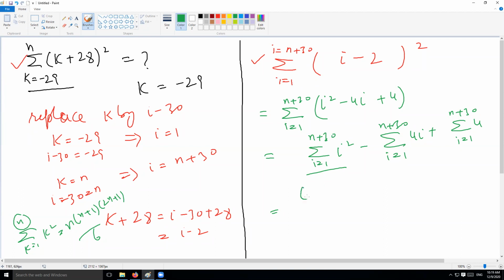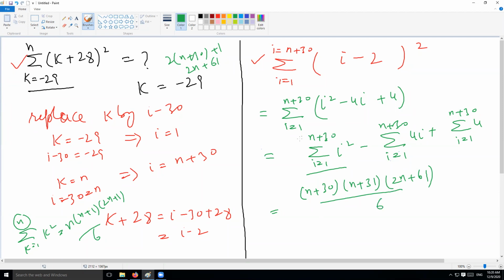So this is going to be n plus 30 times n plus 31, that is 30 plus 1. And then you have 2n plus 30 plus 1, so 2 times n plus 30 plus 1, which gives 2n plus 61, and everything divided by 6.